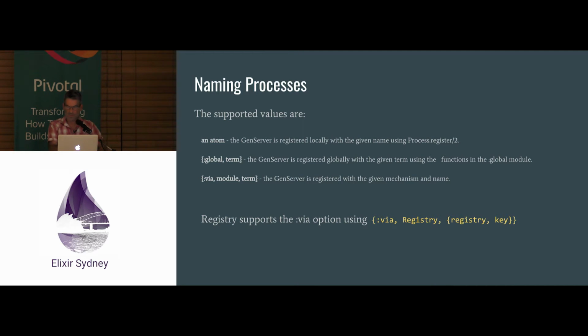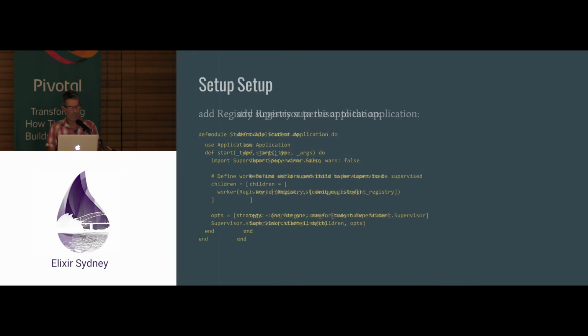This is saying this is a via tuple. Registry is the name of the actual Elixir registry module, what the whole talk is about. And this registry and key: registry is the specific registry instance that we're talking about, and the key is the value that you want to refer to this process by. So probably some code might be better than me banging on.